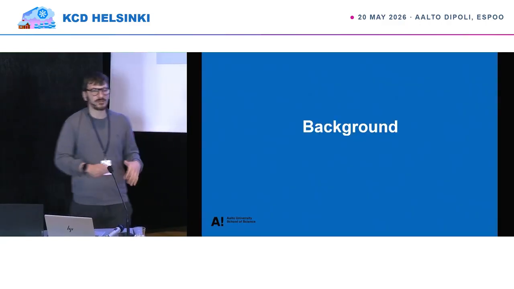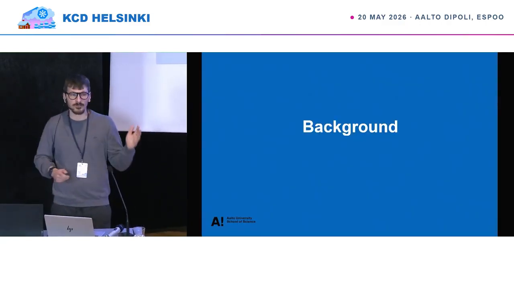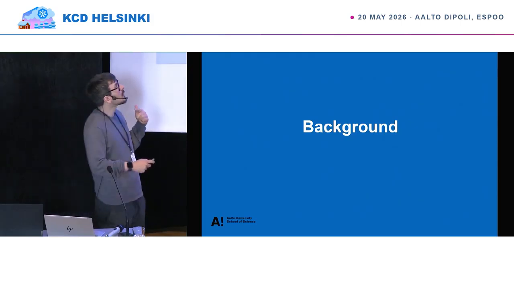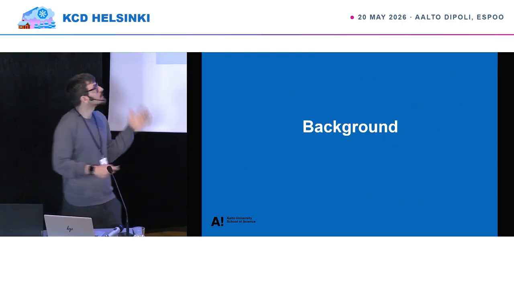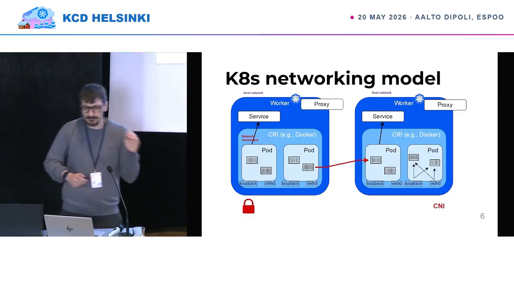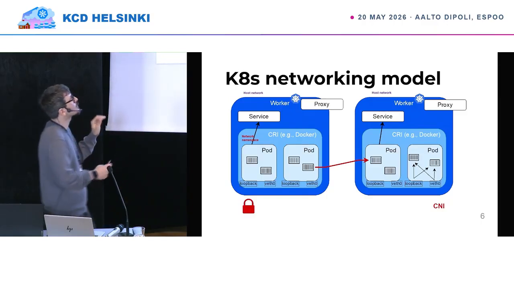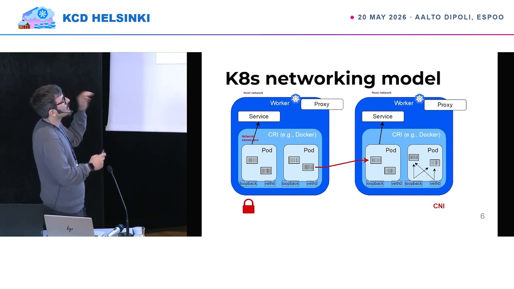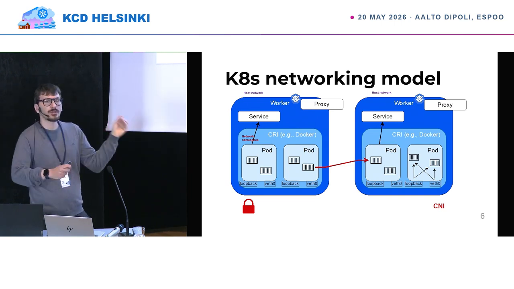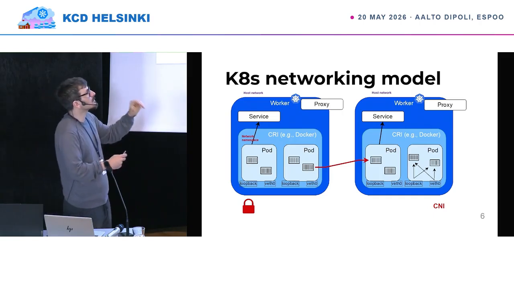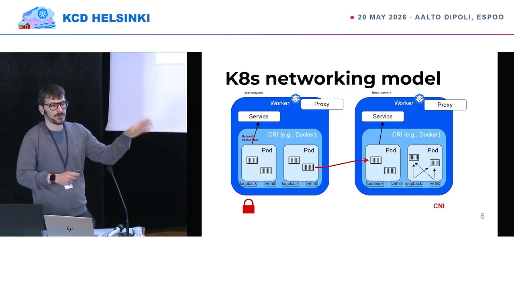In this case, it's not going to take long, like 25 minutes of background, but we start from the very beginning, which is the Kubernetes networking model. It's going to be very, very fast. What we have in Kubernetes is the essential compute unit, that is the pod. Each pod has assigned a virtual Ethernet interface and a loopback adapter.